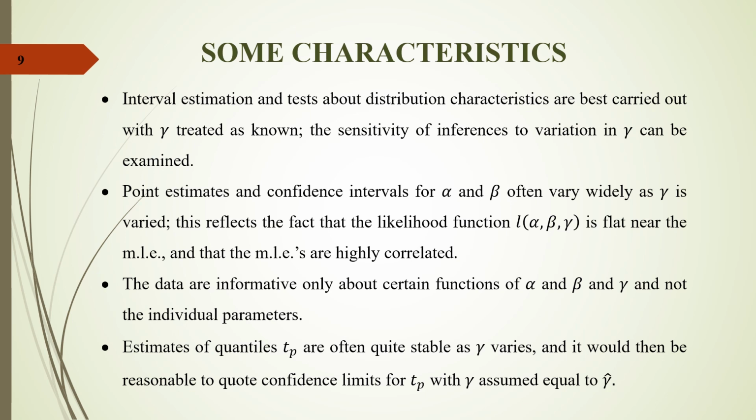This reflects the fact that the likelihood function is flat near the MLE and that the MLEs are highly correlated. The data are informative only about certain functions of alpha, beta and gamma and not the individual parameters. Estimates of the quantile tp are often quite stable as gamma varies, and it would then be reasonable to quote confidence limits for tp with gamma assumed to be equal to gamma cap.